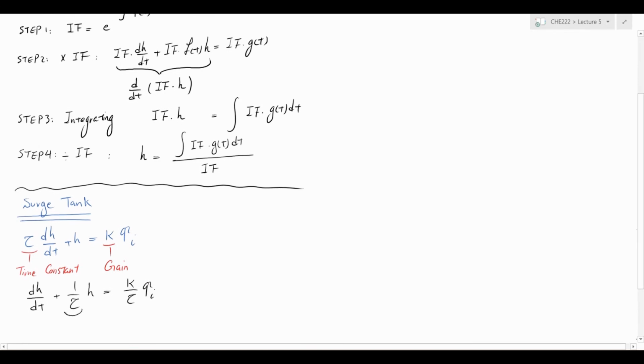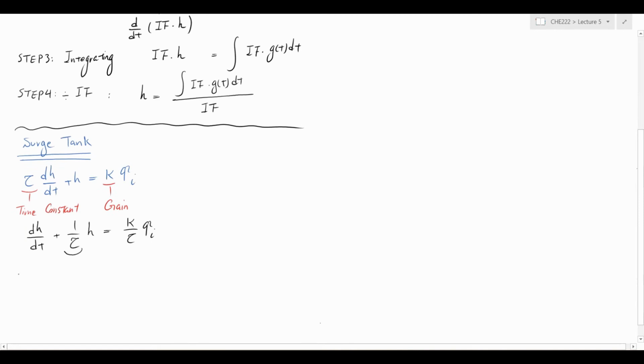So the first step is to calculate the integrating factor, which is e to the power of the integral of 1/tau dt. This is basically e to the power of t/tau.